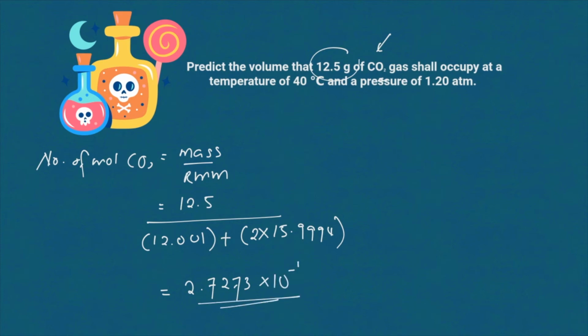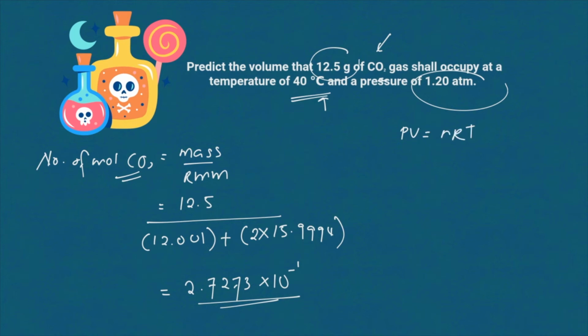Alright, after that, what you need to check is the unit for everything else. The pressure is already in atm, that's fine. The temperature is 40 degrees Celsius, so you just have to convert this to Kelvin. Since we already know the number of mole for the carbon dioxide, the best formula that you can employ to answer this question is the ideal gas law, which is PV equivalent to nRT.